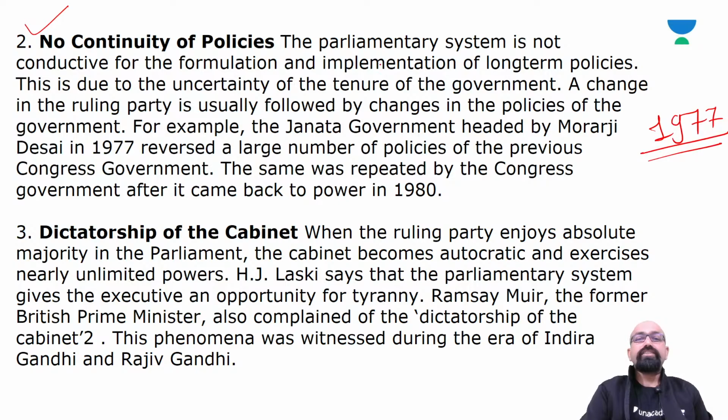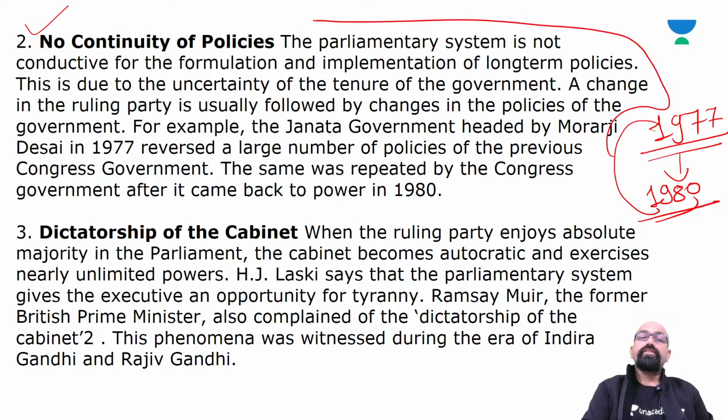In 1977, the Janata government headed by Morarji Desai reversed a large number of policies of the previous Congress government. And the same was repeated by the Congress government after it came back to power in 1980. Yes. So we can read this example as no continuity of policies in the parliamentary system of government. Yes.